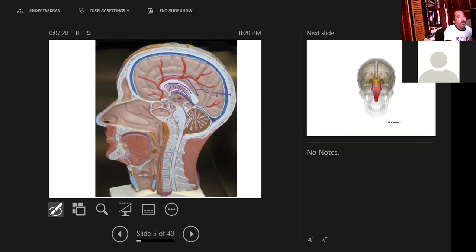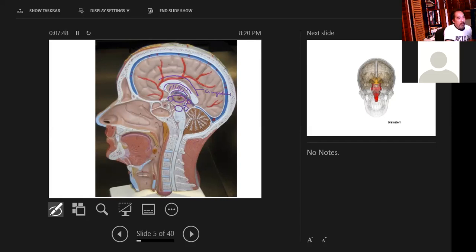And then here is the thalamus, hypothalamus, and the pineal gland, which is the epithalamus. And then here is the cerebral peduncle of the midbrain, and the superior colliculi and inferior colliculi of the corpora quadrigemini of the midbrain.